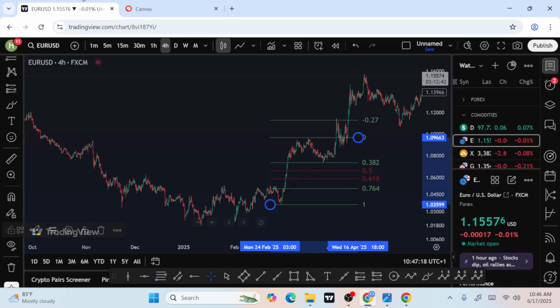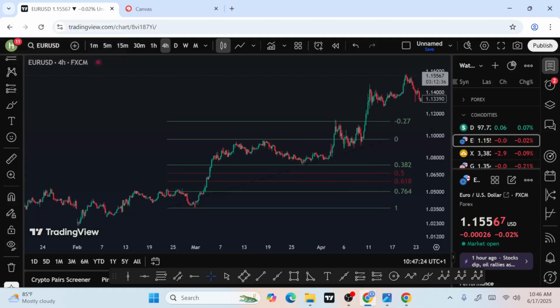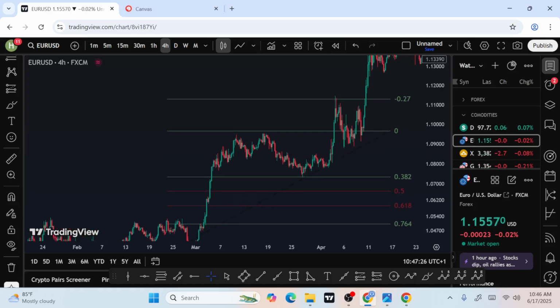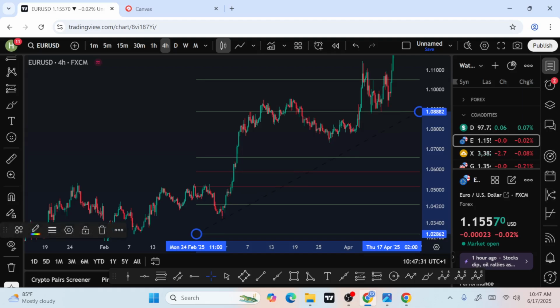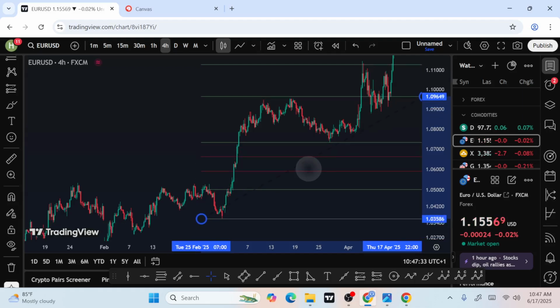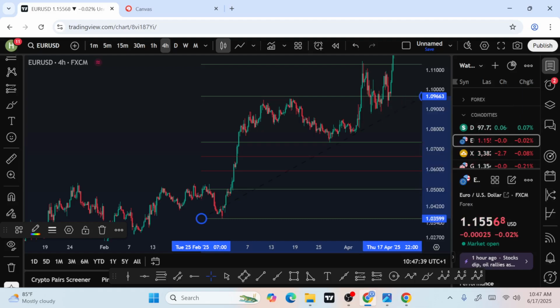So this is the point. Let us say for this one, when the price was coming, it started from here. Then when it got to this point, it made a retracement down, giving us an indecision candle here. So that means that the price wants to continue its bullish movement.